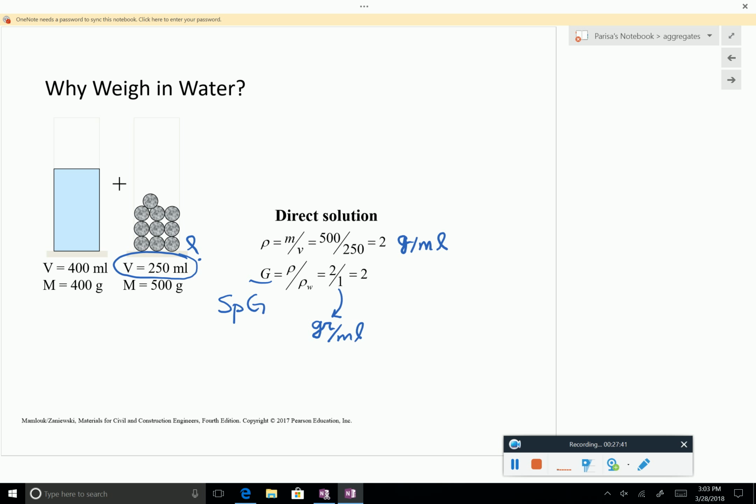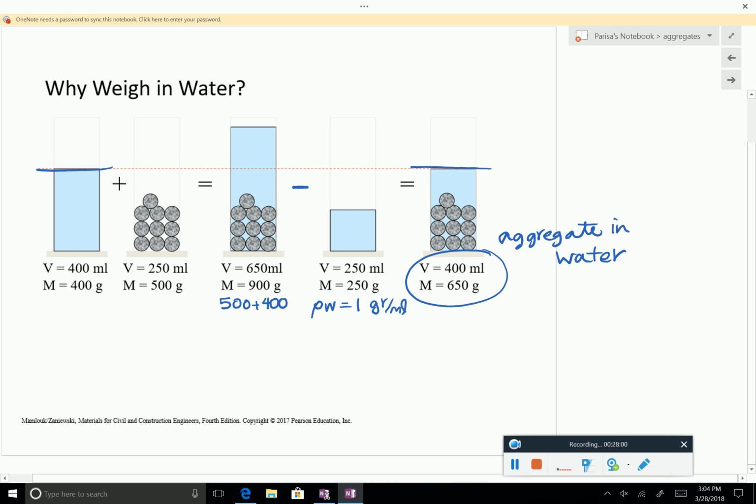You will have a bucket of water of known volume, and because the specific gravity or density of water is 1, the volume in milliliters and mass in grams are the same. So this is how it works.